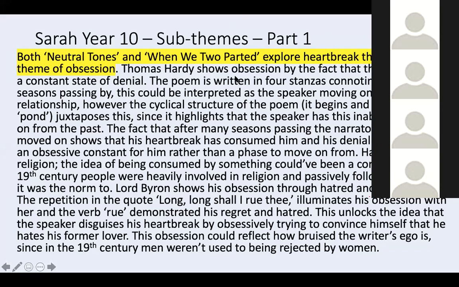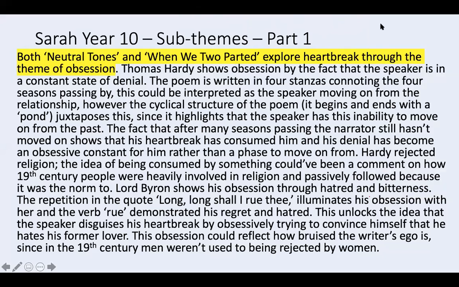Both Neutral Tones and When We Two Parted explore heartbreak through the theme of obsession. Thomas Hardy shows obsession by the fact that the speaker is in a constant state of denial. The poem is written in 4 stanzas, connoting the 4 seasons passing by. This could be interpreted as the speaker moving on from the relationship. However, the cyclical structure of the poem, it begins and ends with pond, juxtaposes this, since it highlights that the speaker has this inability to move on from the past.